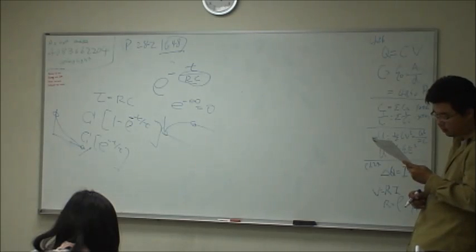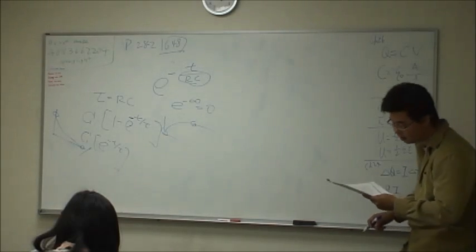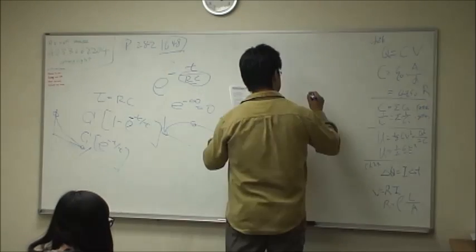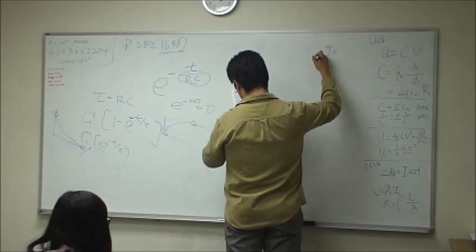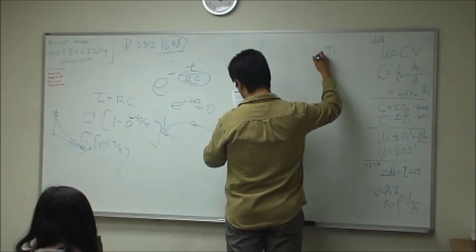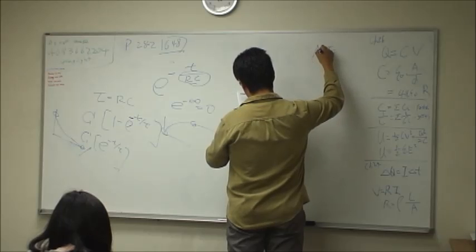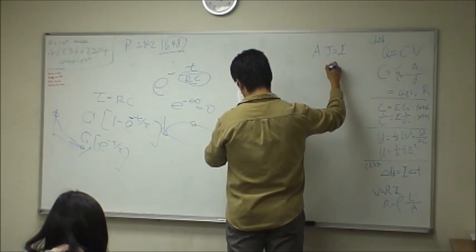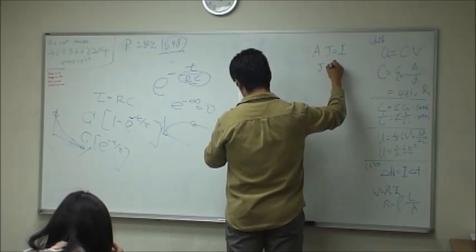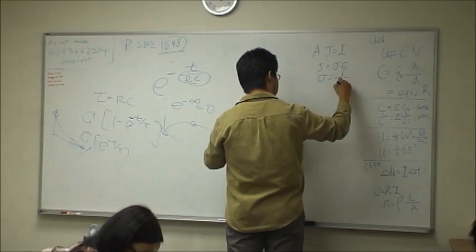If you want to know a little bit about the current density, J times area is the current. And J is equal to sigma times E, where sigma is equal to 1 over rho.